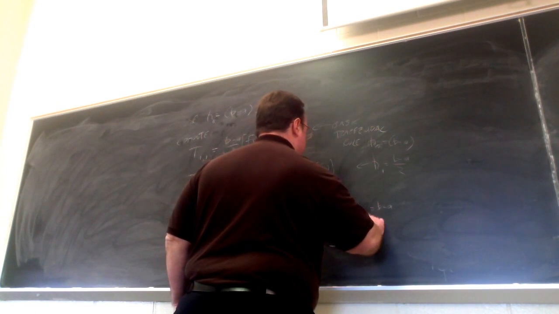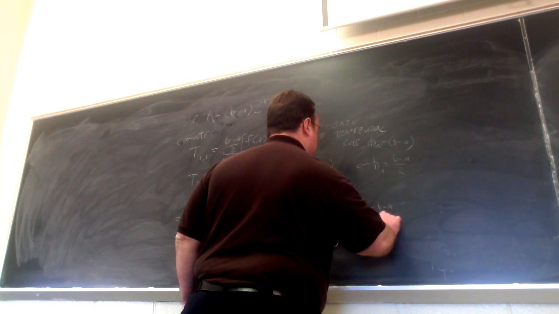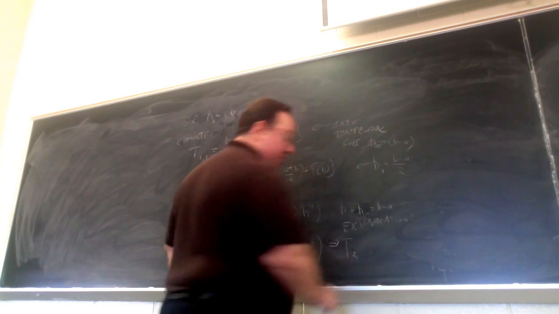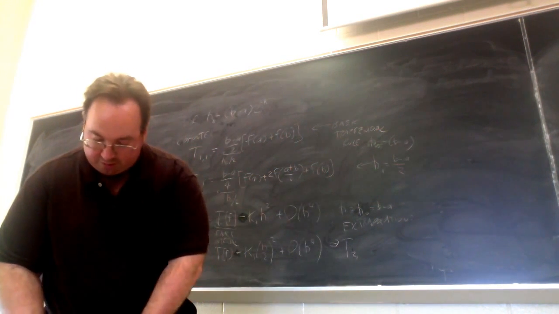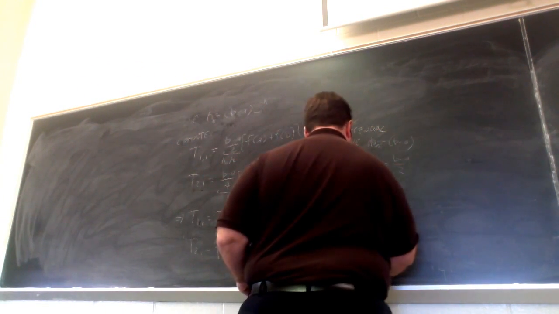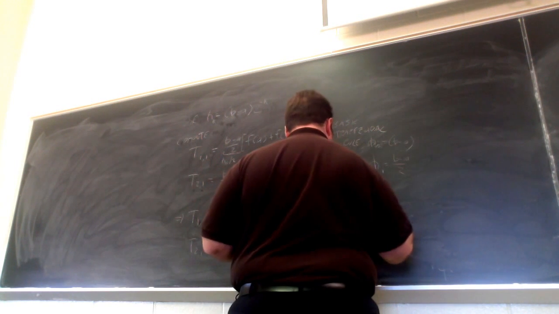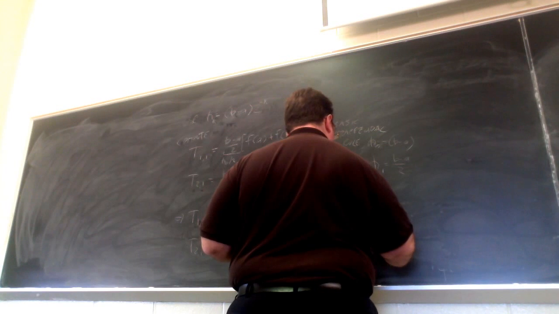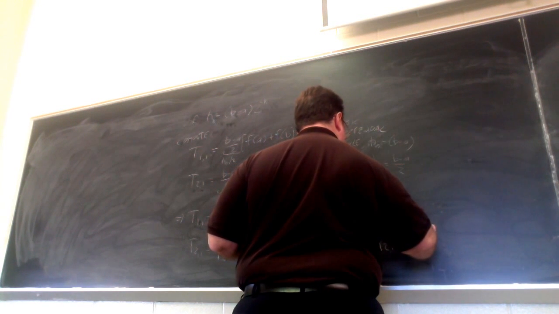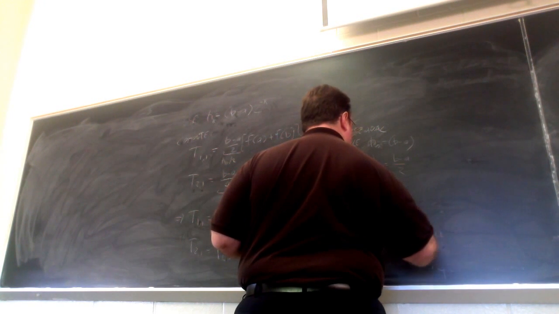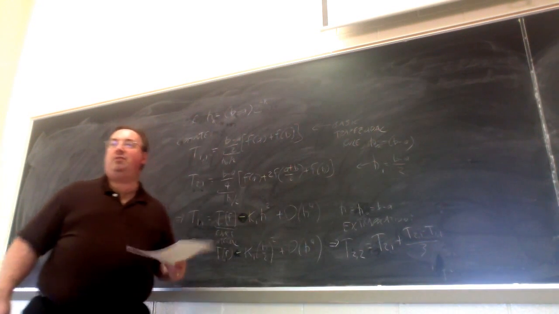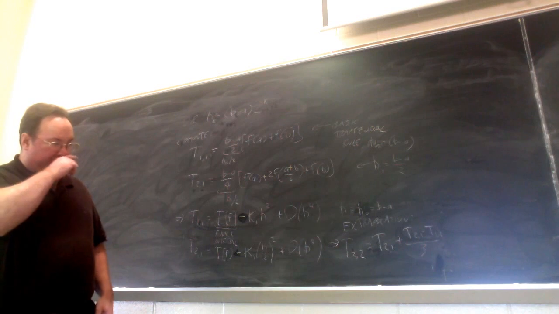By extrapolation, we can do approximation I'll call T22, and that equals T21 plus (T21 minus T11) all over 3, because you divide by 3 if you have second order accurate approximations. That's what we saw last time.